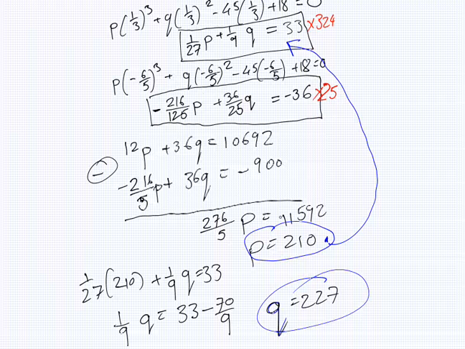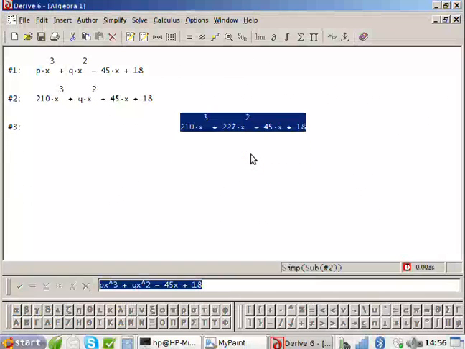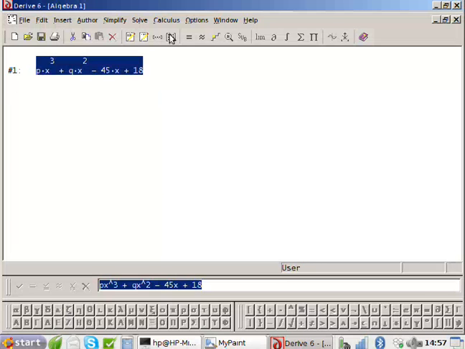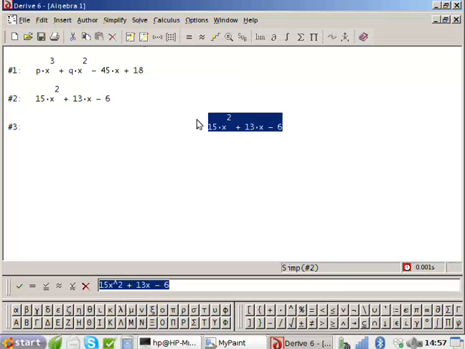Okay, so let's have a look at the first one. p times 1 over 3 cubed plus q times 1 over 3 squared minus 45 times 1 over 3 plus 18. What should that equal? 0, because it's a factor, it means no remainder.